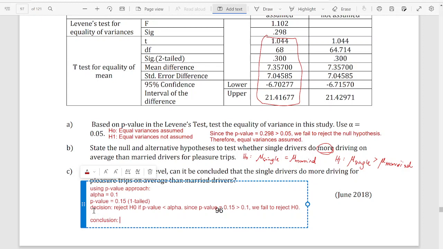So in this case, what you can say is that there is not enough evidence to support the claim that single drivers do more driving for pleasure.